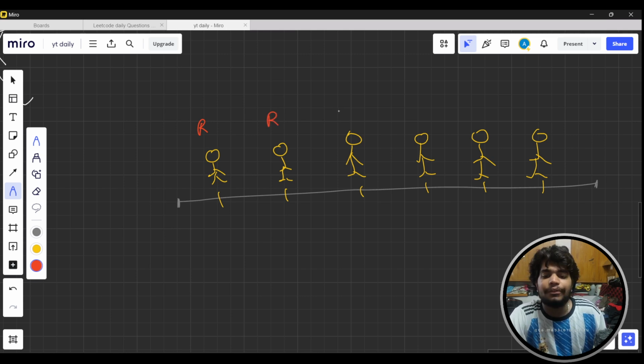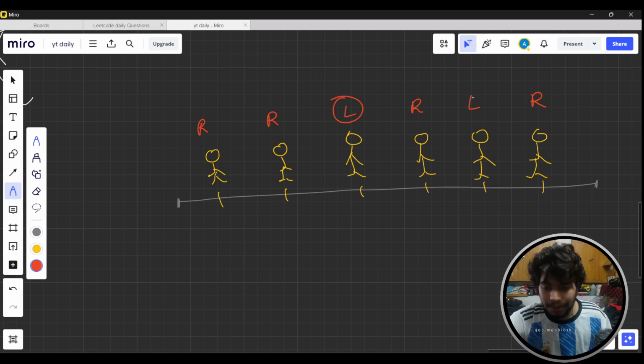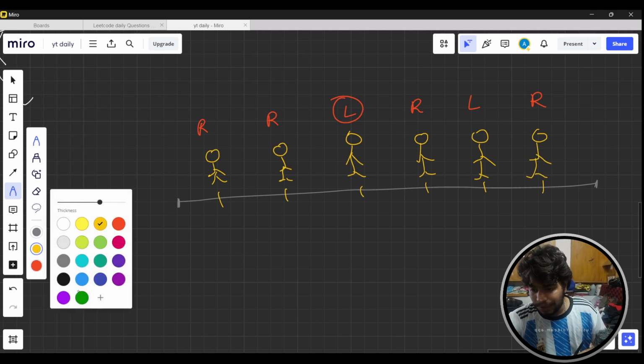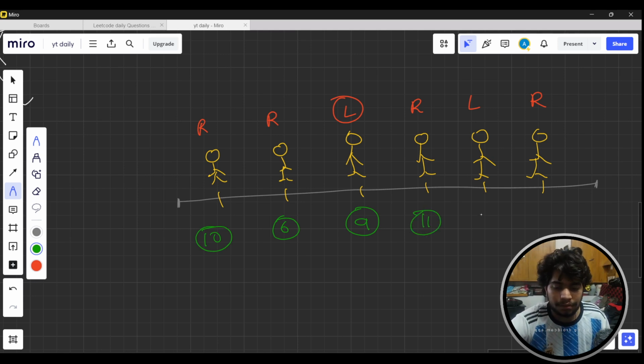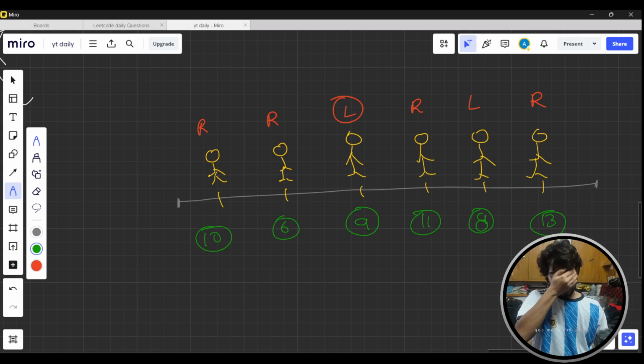This robot is also moving in the right direction. This will be moving in the left direction. This is also moving in right. This is moving in left, and this is moving in the right direction. And everyone has their own health. Just say I have health 10, 6, 9, 11, 9, 8, and the last will be 13. So the health is also given. I have also given the robots.